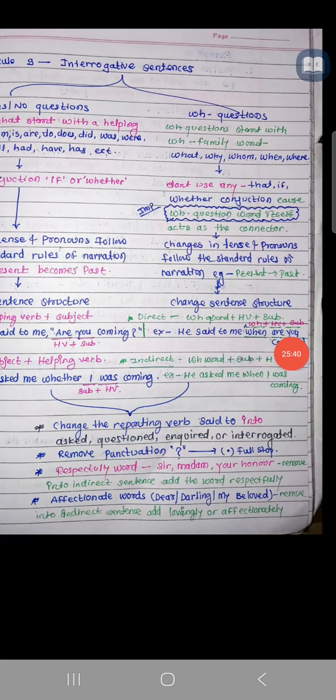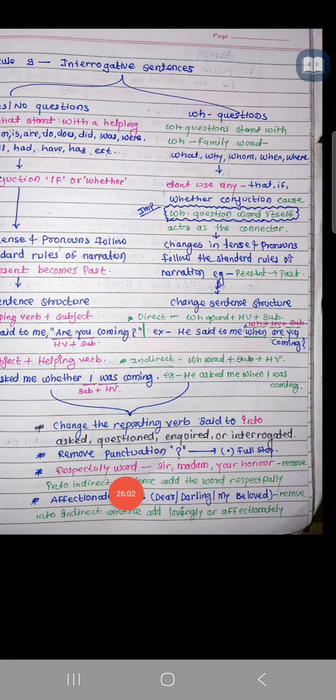If the mood of the sentence is inquiry, use inquired. If the mood is interrogated, use interrogated. Remove punctuation, and use a full stop. Remove the question mark and use a full stop.